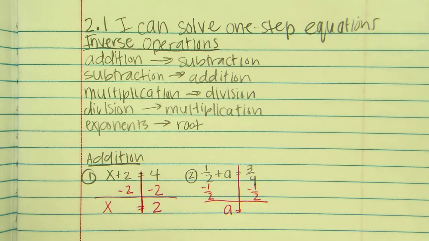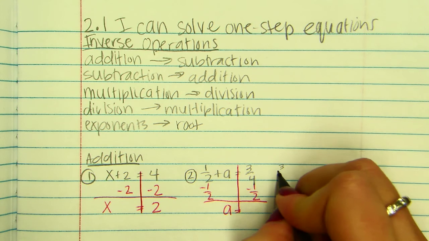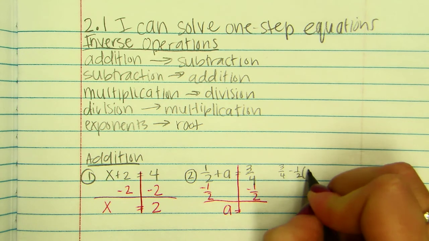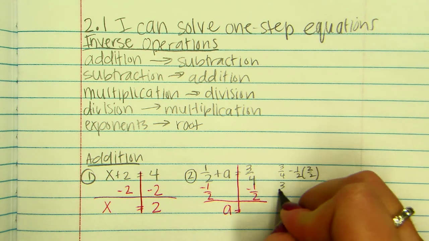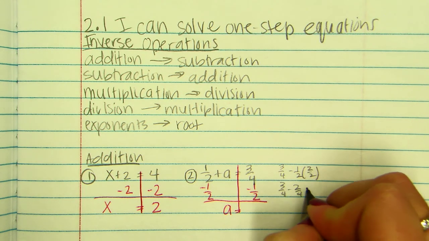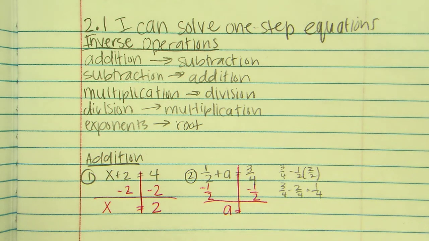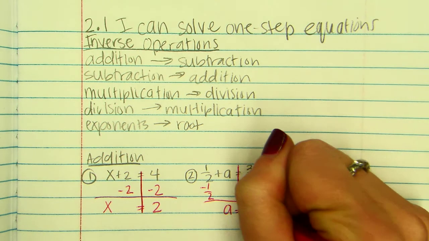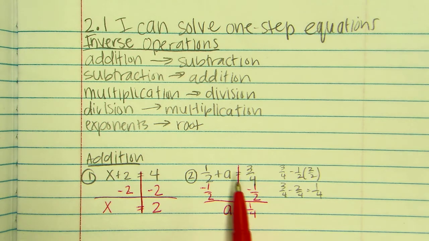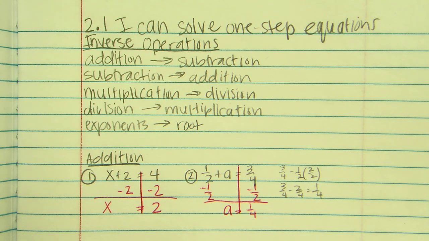Then to do 3/4 minus 1/2, I might need to make a common denominator. So I multiply this one by 2 over 2, so I have 3/4 minus 2/4, which gives me 1/4. So a equals 1/4. If I plug 1/4 back in for a, 1/2 plus 1/4 is 3/4, so I know I did this one correctly.